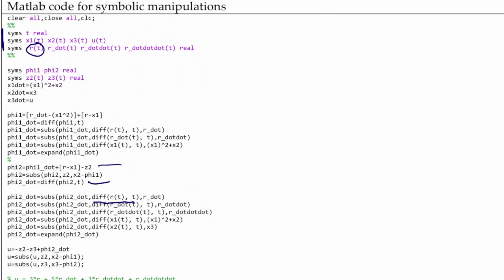And to make things easier, MATLAB is going to generate this, and we want this r dot term to be substituted with this longer expression, so the final product can be written in a shorter expression.